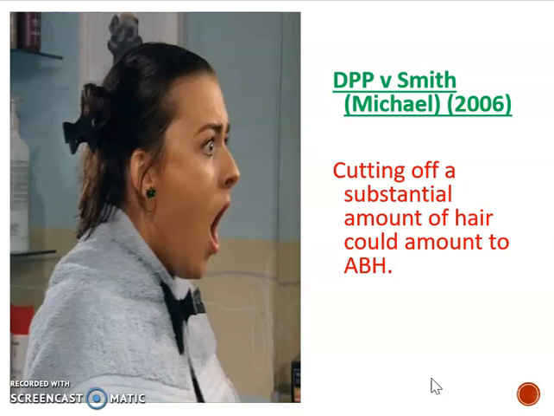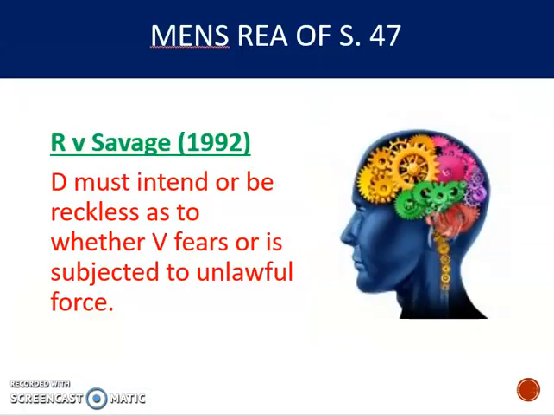So we've looked at the actus reus of ABH then. Let's turn to the mens rea. And the mens rea comes from the case of Savage. And in Savage, it was made clear that for ABH, our defendant must intend or be reckless as to whether the victim fears or is subjected to the unlawful force.